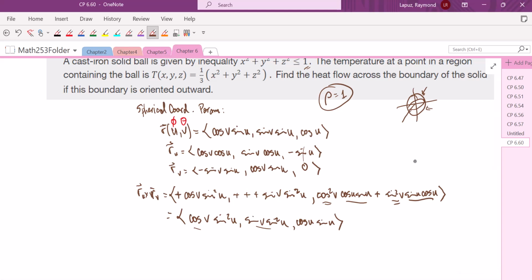And I think if we take away a sine u, we'll have cosine. Well, we could try to put some points in. So let's say at this point here we have theta equal to 0 and phi equal to pi over 2.